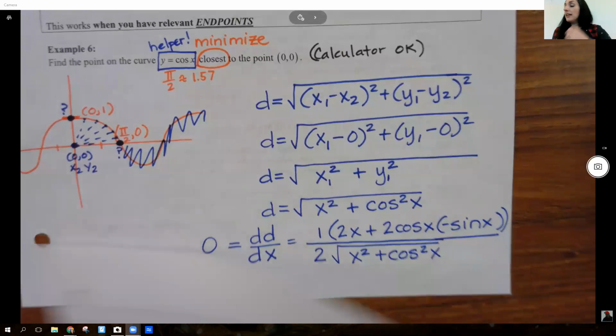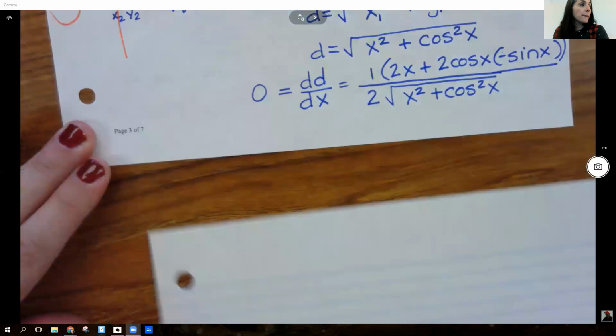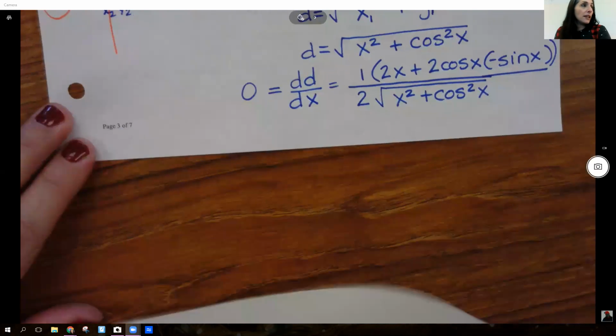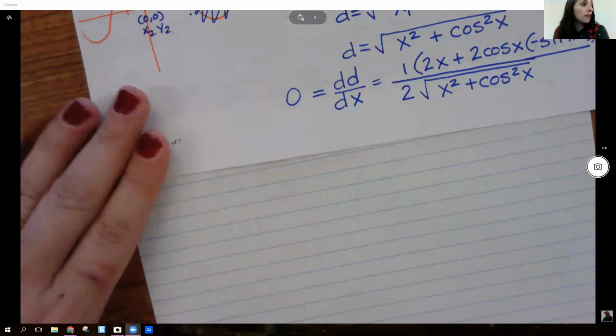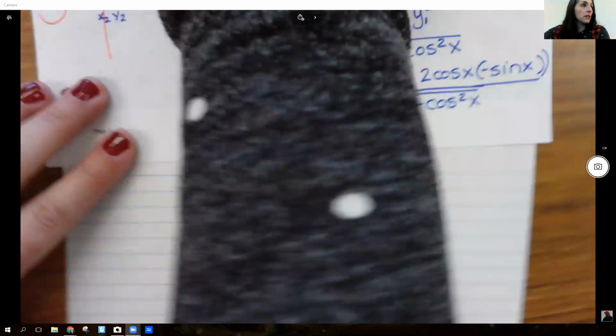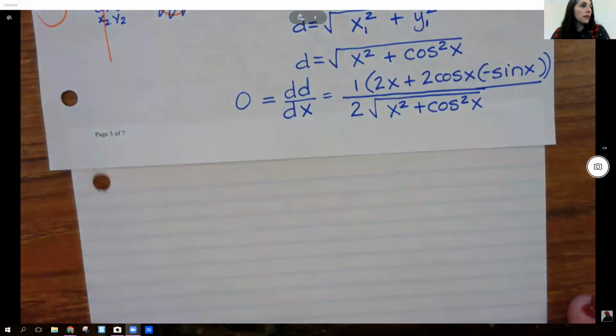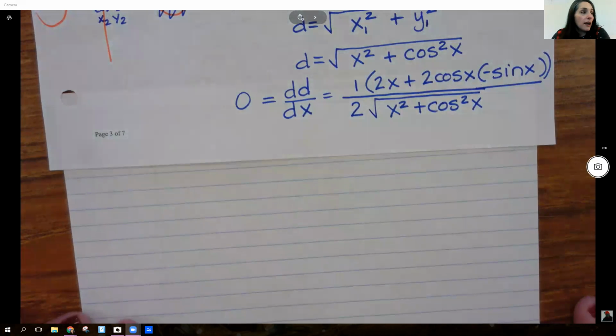So if I continue, I'm gonna put that under my, yeah, still crooked. All right, that's a little better. Okay, so remember, we got a fraction, we're setting it equal to 0.